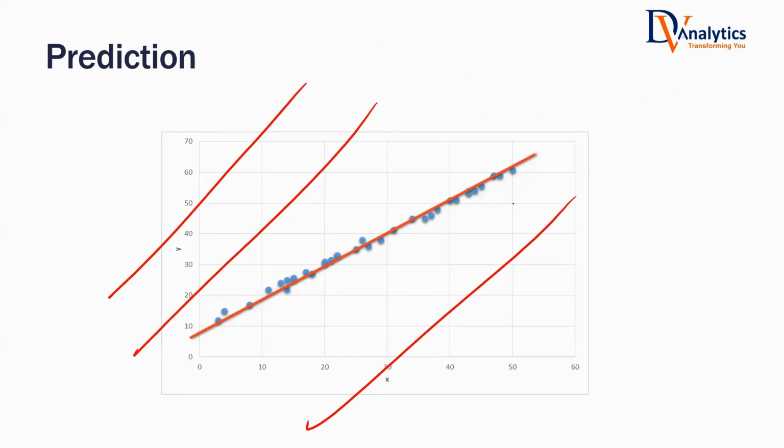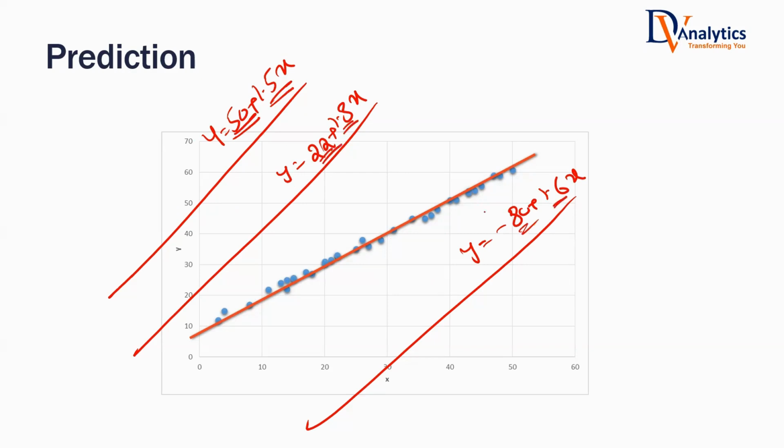Do you also agree to that point? If I change the value of beta naught, beta 1, the actual line itself changes. This is y equal to some 50 plus 1.5x. This is y equal to some 22 plus 1.3x. This is y equal to some minus 80 plus 1.6x. Do you agree? Yes, sir.